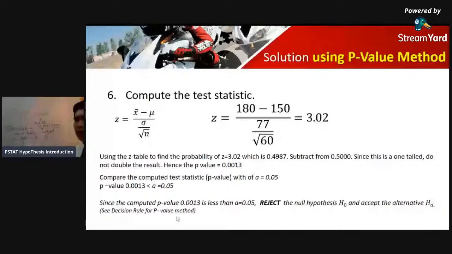My computed value is greater than 3, so what's the problem? Just try to analyze it. I'll get this value, 0.5000, so drop it from 0.5000. Is there a possibility that I get a value which is greater than 0.05? Just check the chances. What are the chances that I'll get a value greater than 0.05?